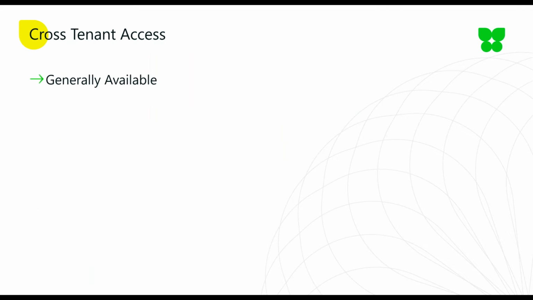There's also been a change, or rather a making generally available, of some cross-tenant access. So we've been talking for a long time about the ability to allow an external organization to access your systems. You could have a Teams site that you want somebody from Cocho to be able to access.